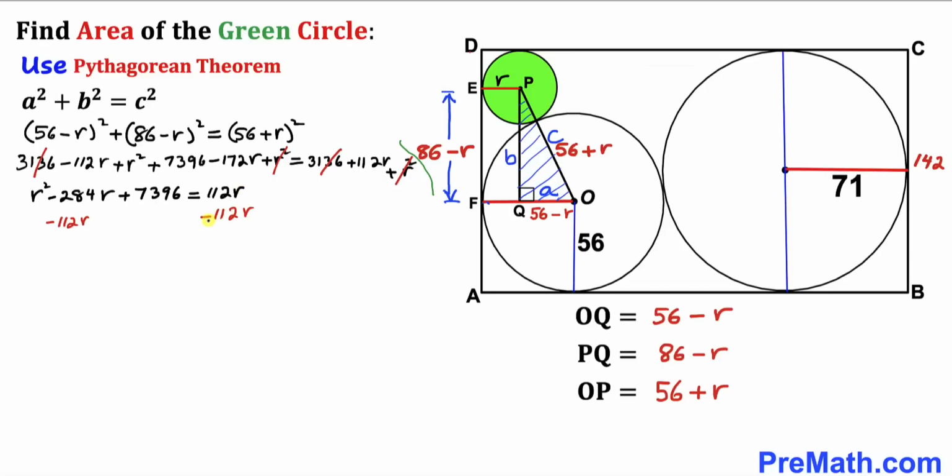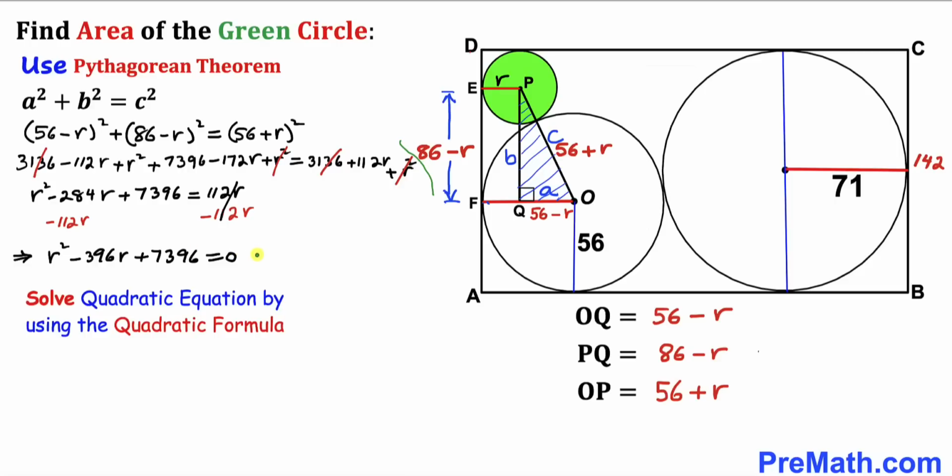Now let's subtract 112 r from both sides. So we simply ended up with r square minus 396 r plus 7396 equal to 0.